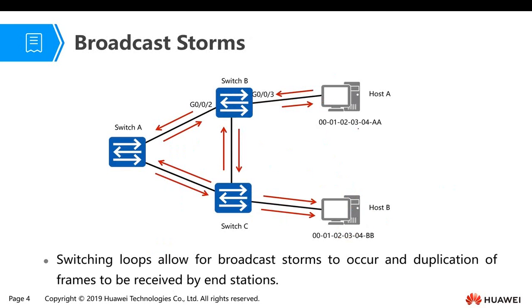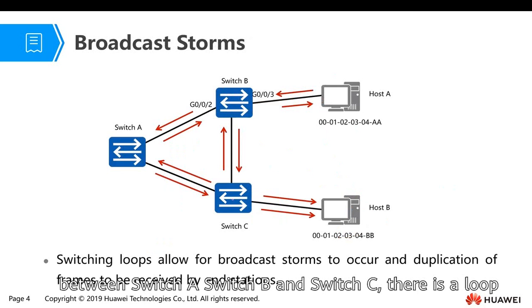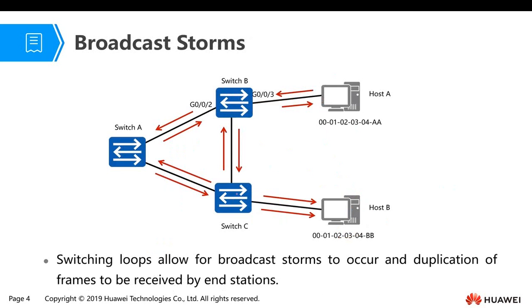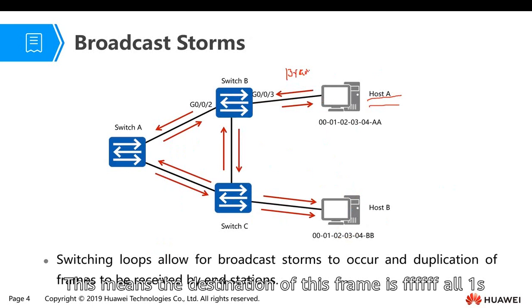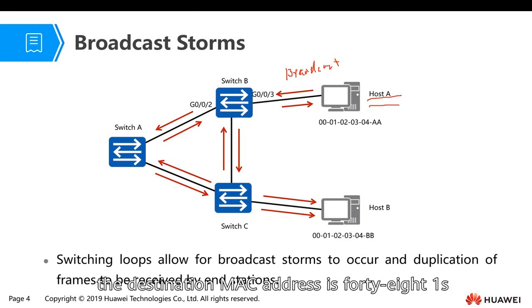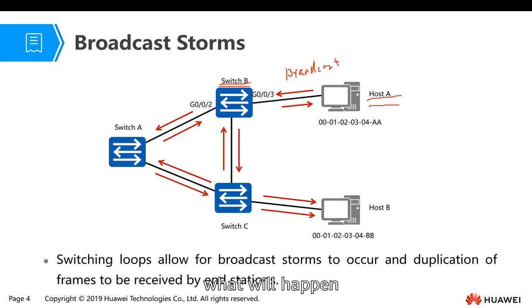For example, between switch A, switch B, and switch C, there's a loop with redundant connections. When host A sends out a broadcast, the destination of this frame is FFFF, all ones, a 48-bit all-ones destination MAC address. When switch B receives this broadcast, what will happen?